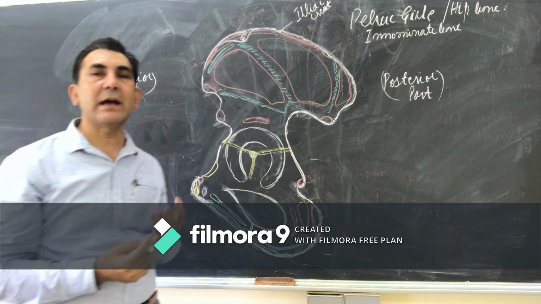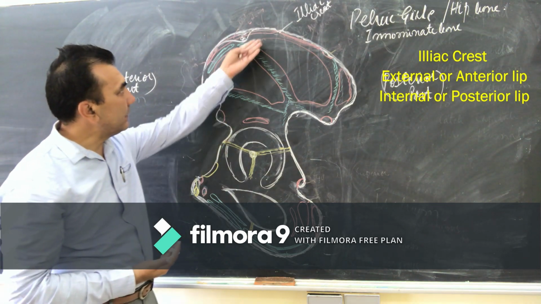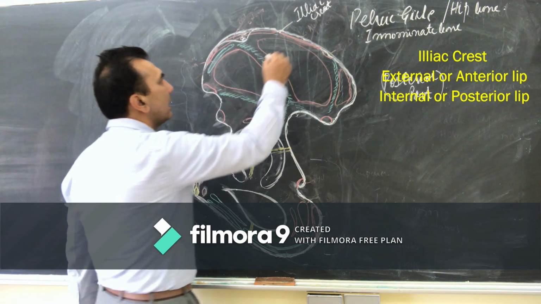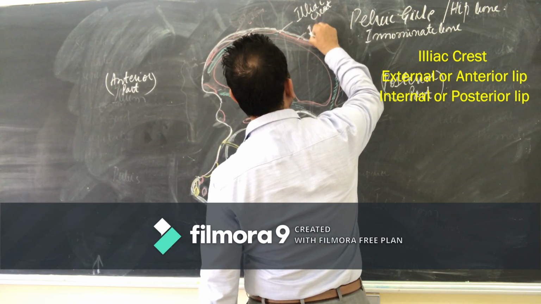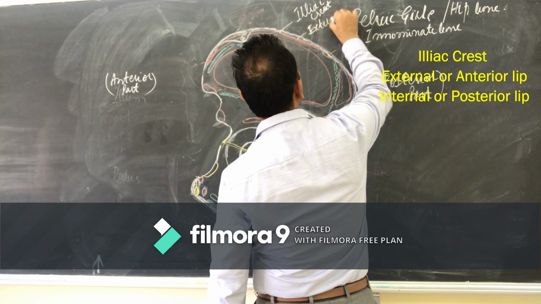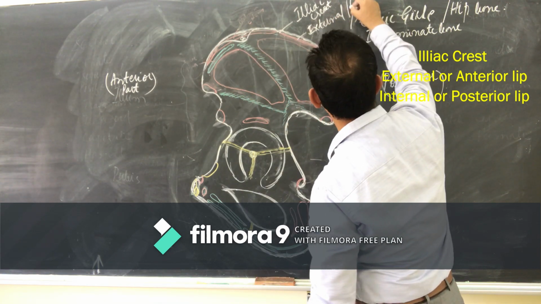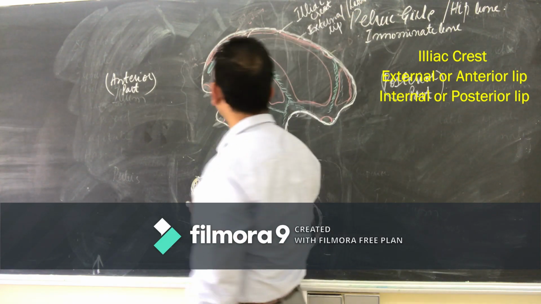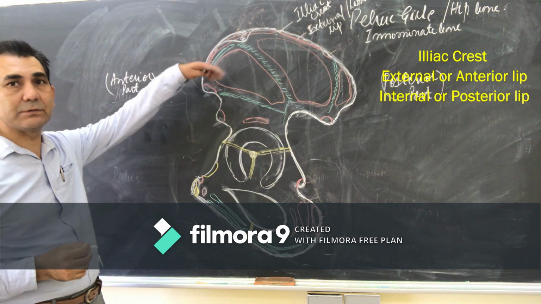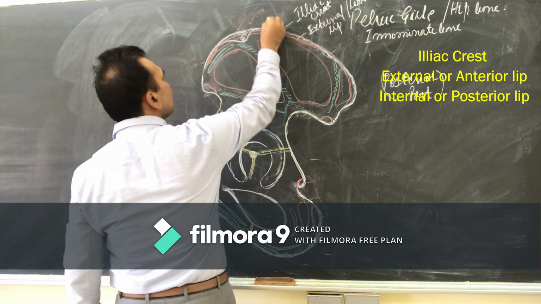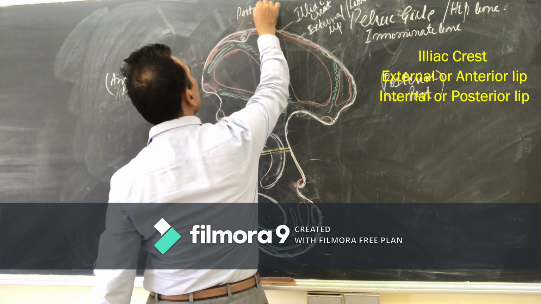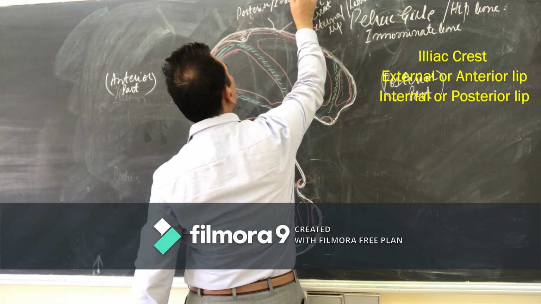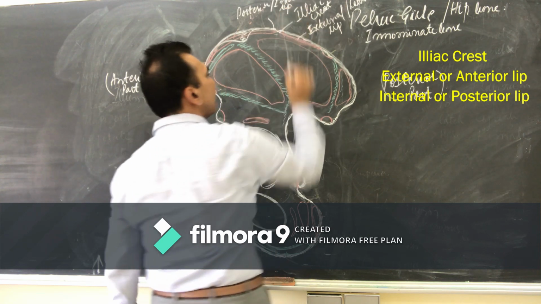And this iliac crest has two lips. The lip which is present on the exterior side is called the external or the lateral lip. The other lip, which is present on the posterior side, is called the posterior or internal lip of the iliac crest.